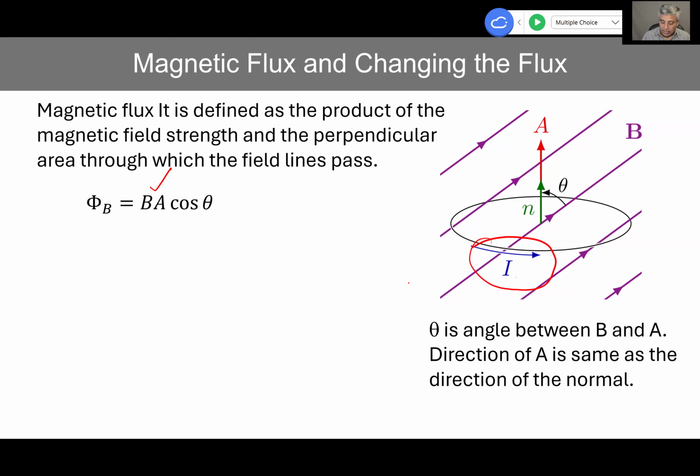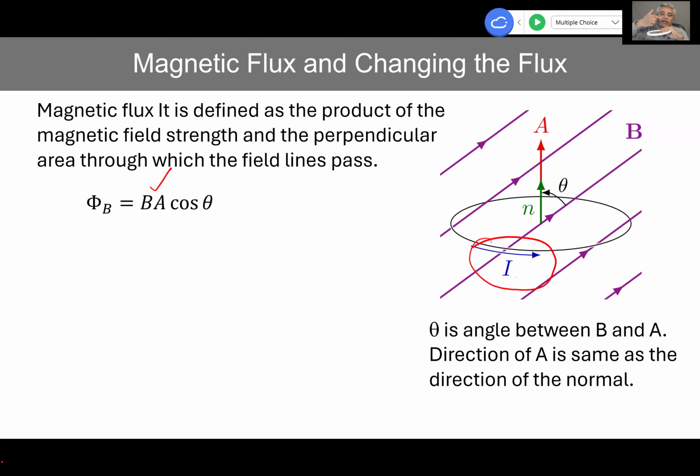Now, if current is flowing in the loop, then you can crawl your fingers, you can grab that loop in the direction of flow of current. So if current is circulating like that, you grab like this, and now the thumb is pointing up.